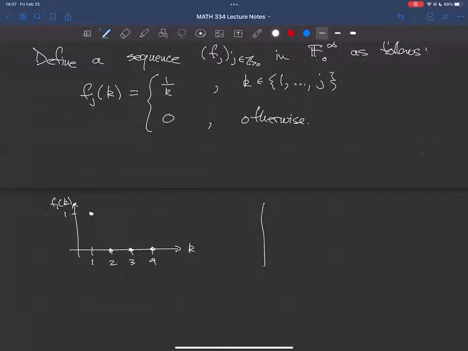Okay, let's look at f2. So now I take k equals 1, and again, it'll have the value 1. So it looks like f1 here. And then at k equals 2, it has the value of a half. So the value here is a half, and then it's 0 everywhere else.